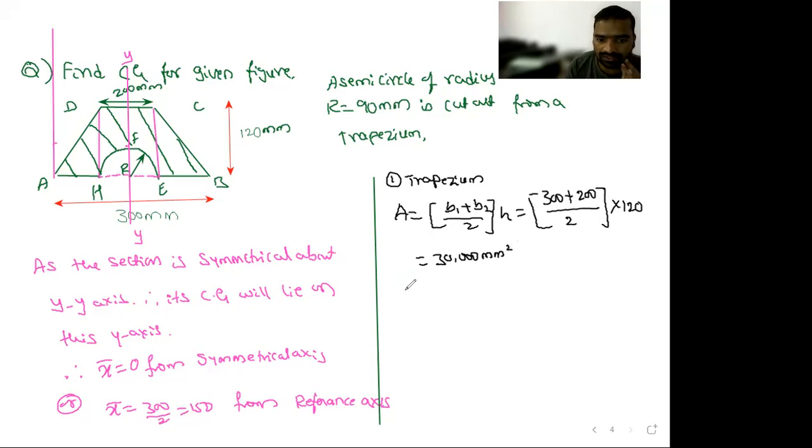Next, is it necessary to calculate the value of x1? We already got x bar here, so once you calculate x bar, there is no need to calculate it again. Next, I will go for y1.